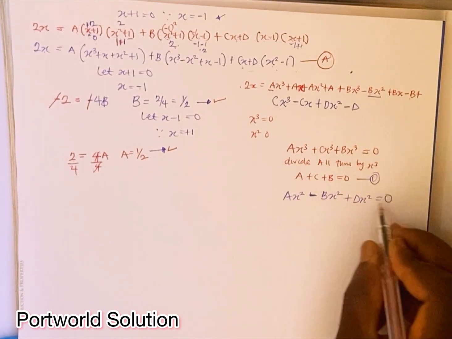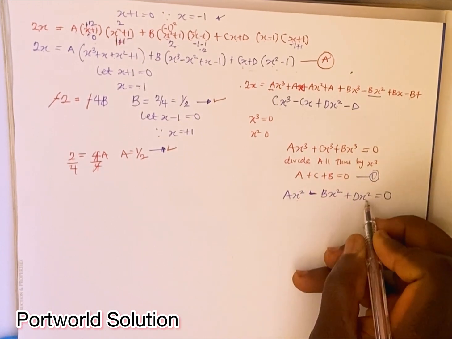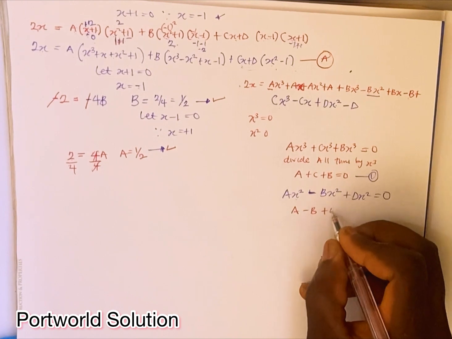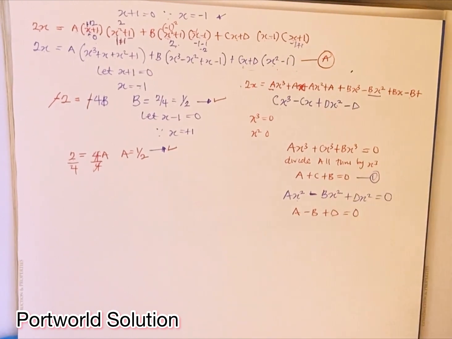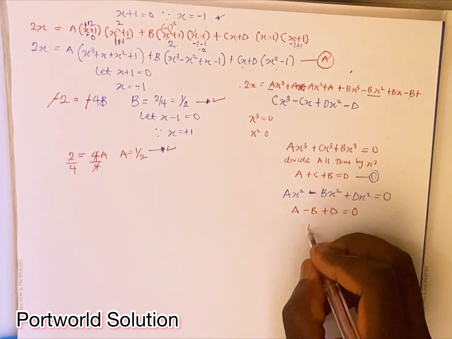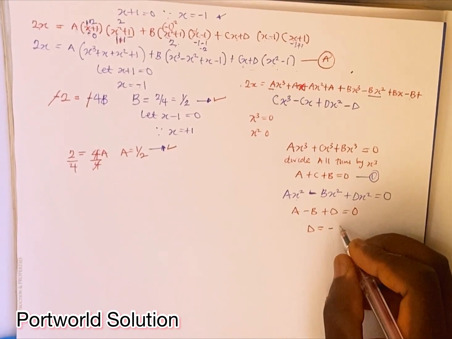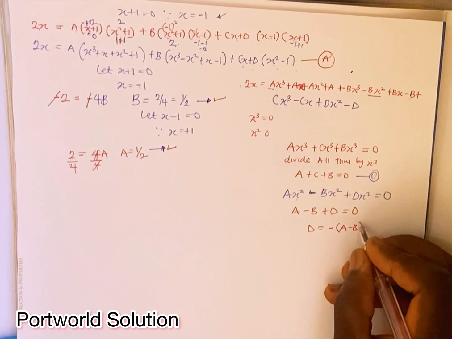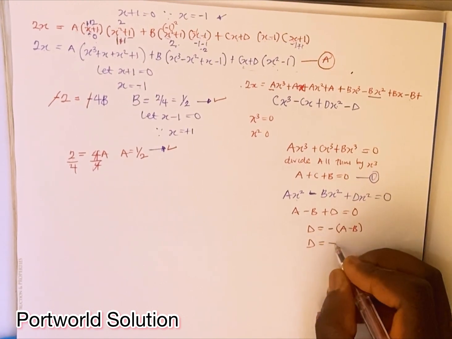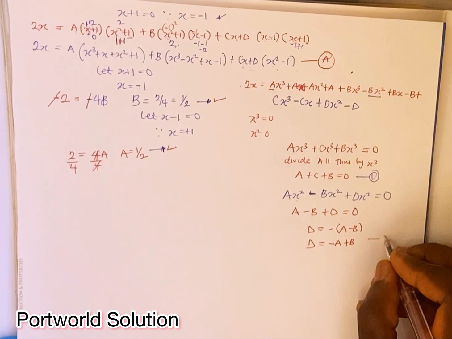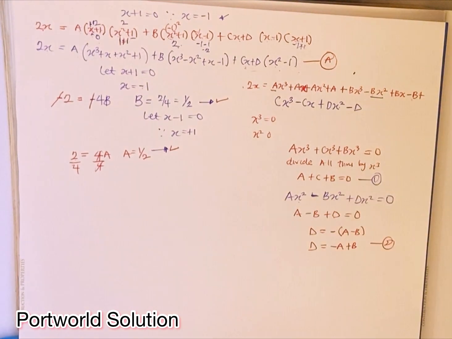So in this case now, doing the same thing, I'm going to divide all by x squared. I'm going to have a minus b, then plus d equals to 0. Right. And so therefore my d equals to what? Bring everything to this side: minus, in the brackets, a minus b. So I'm going to have my d equals minus a plus b. That's another equation, equation 2. So these two equations are what I'm going to be using now.